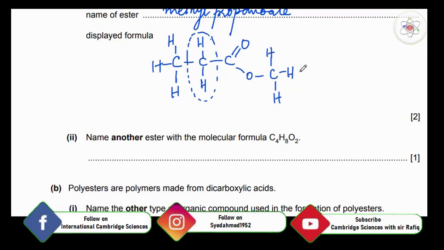So there will be 2 carbons in this group, so methyl will become ethyl. So ethyl, and when you reduce 1 carbon, this part has now become ethanoate, as there are only 2 carbons left. So ethyl ethanoate will be the name of another ester with the same molecular formula.